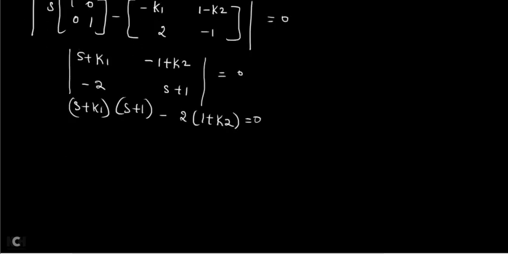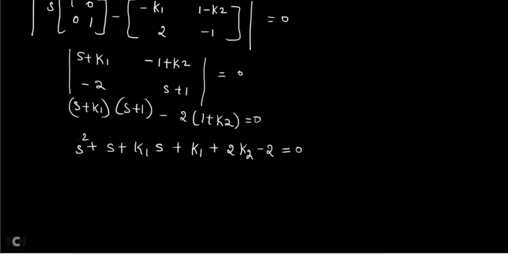I have taken the determinant, and if you simplify it, you are going to get lambda square plus lambda plus K1 lambda... instead of lambda I have to take s, because I have taken s everywhere. So you get s square plus s plus K1 s plus K1 plus 2 K2 minus 2 is equal to 0.